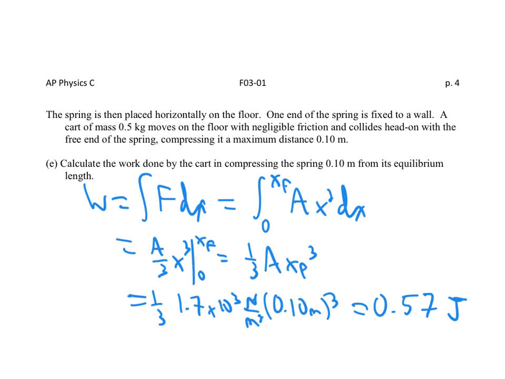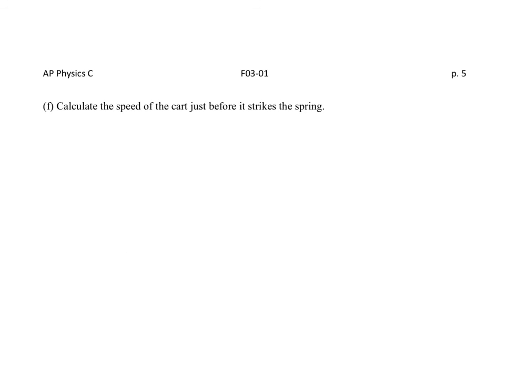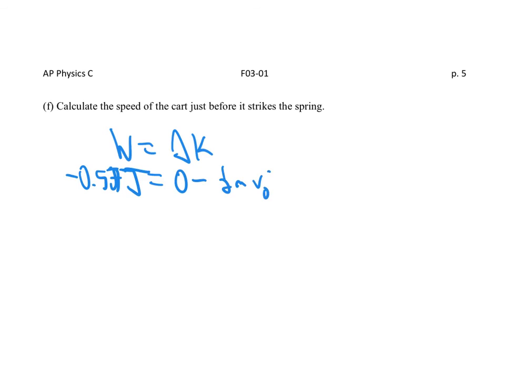Notice that the F versus x squared curve does not give you any easy way of getting an integral directly. Part F, calculate the speed of the cart just before it strikes the spring. So we'll just use the work-energy theorem that the work done is the change in the kinetic energy. So we have minus 0.57 joules equals 0 minus a half m v initial squared.